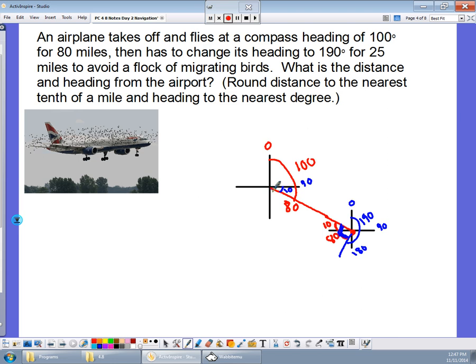So ultimately what the question asks is what is the distance in heading from the airport? So I'm trying to find, let's see, the distance. I'll skip over the 80. This distance here, I know that this is 80, as I wrote before, and that this here is 20.